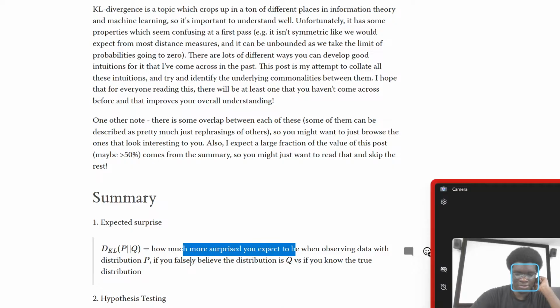Because if Q is not P, you're always going to make some wrong predictions, or the data that you observe will not match what you would predict, and so your surprise level is going to be greater than if you have the true distribution.